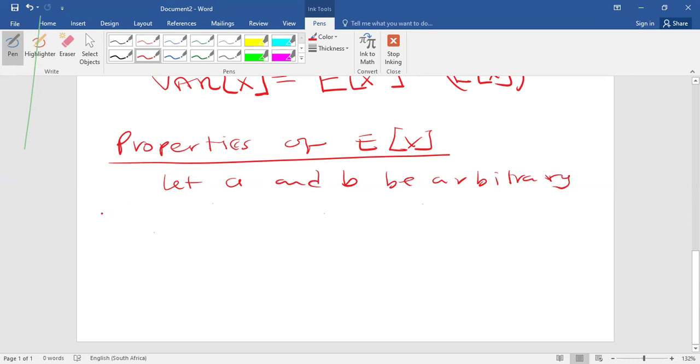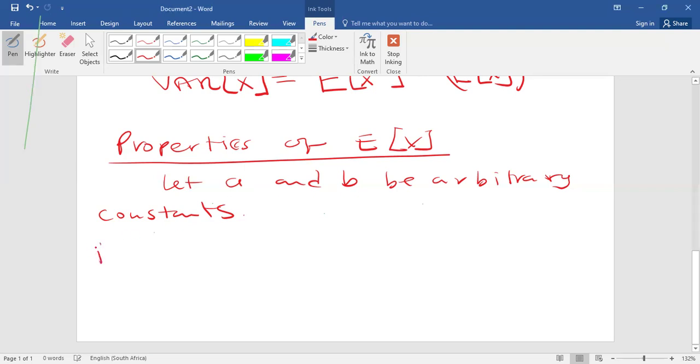These two are constants. What it means is they can be any numbers that you can be given. So those two are arbitrary constants, A and B.